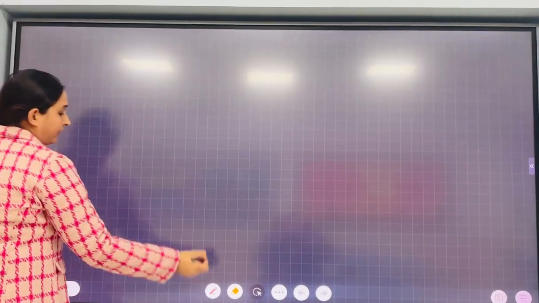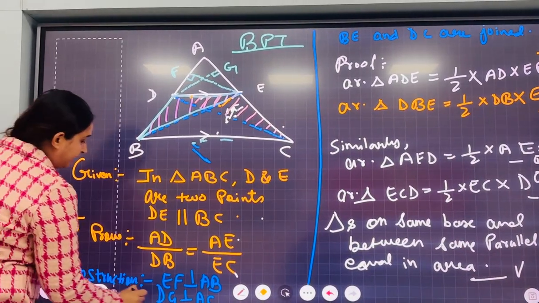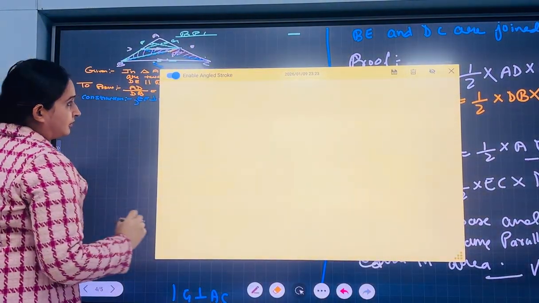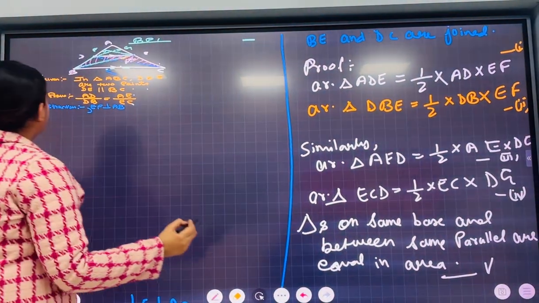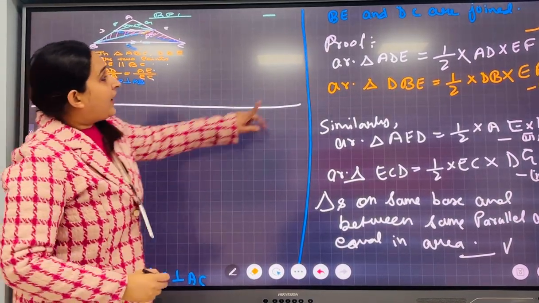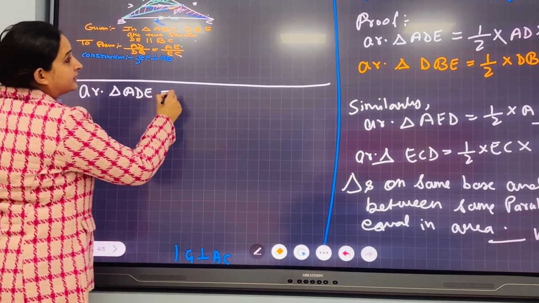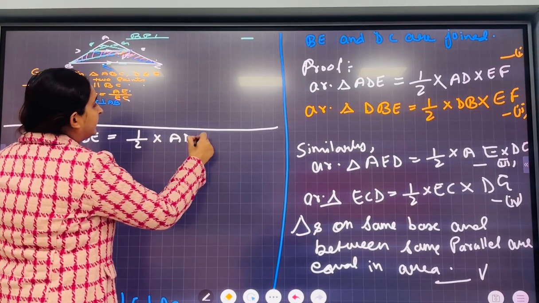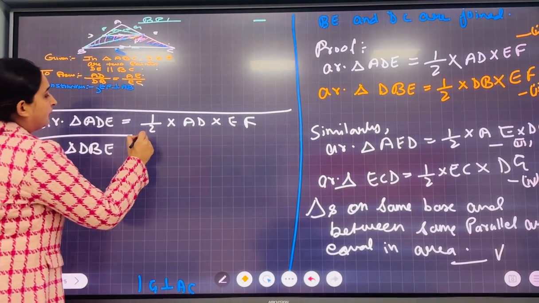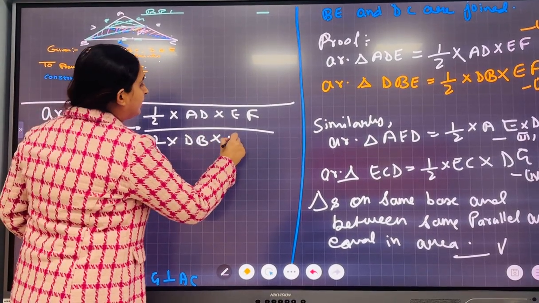So when we solve this, what I'll get over here is, if I divide these two, area of triangle ADE is equal to half into AD into EF divided by area of triangle DBE, which is half into DB into EF.